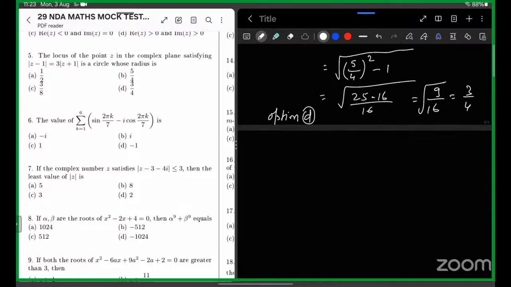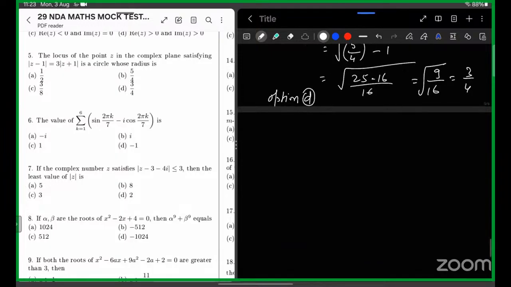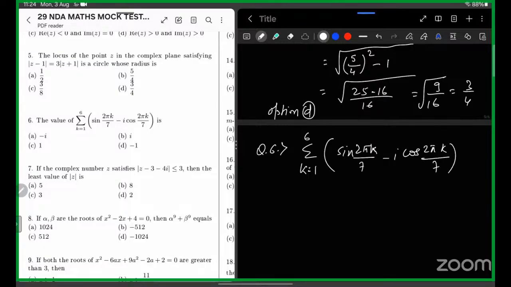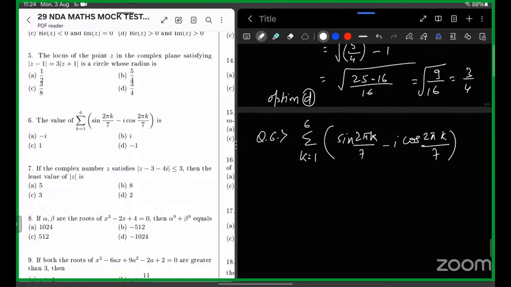Next, question number 6. Okay. What have they given? In question number 6, they have given some summation, k equal to 1 to 6, of sine 2 pi k upon 7 minus iota cos 2 pi k upon 7, like this. So what can I do?